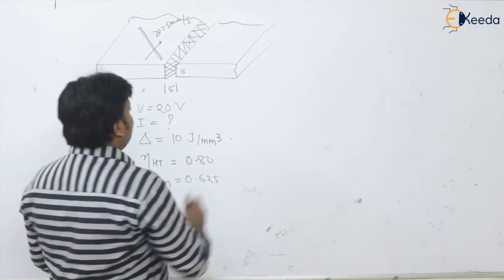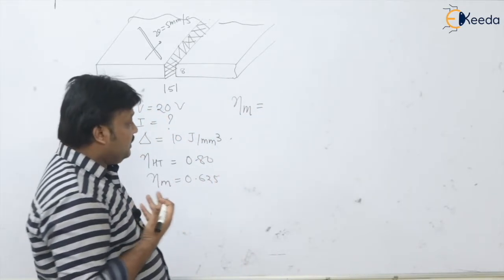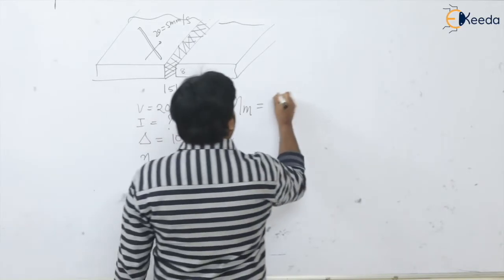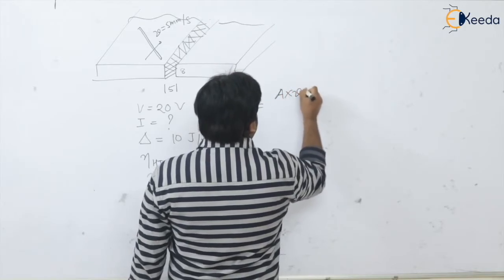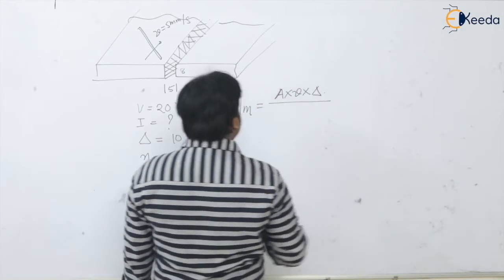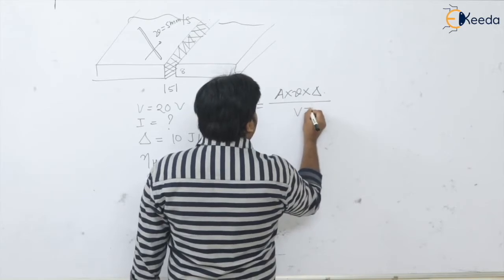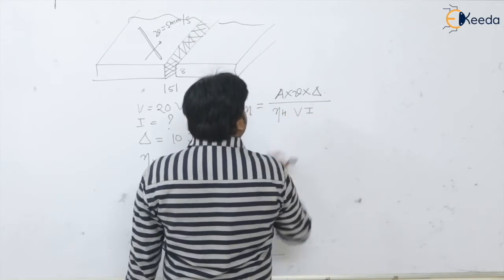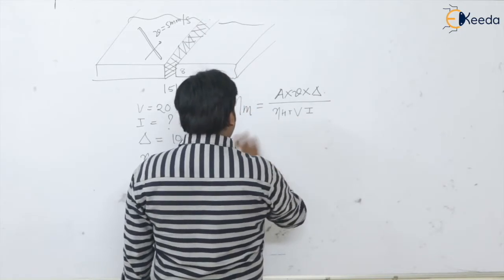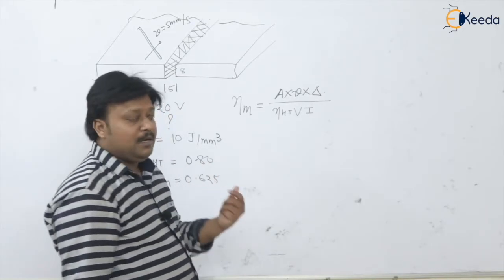So you know the formula. What is melting efficiency? We discussed all these things in the heat input for arc welding. Eta m is equal to area into velocity into delta, that is heat required to melt the material, divided by V into I. When heat transfer efficiency is given, it is multiplied to the source power, because of direct conversion of electrical energy into power in the arc welding.